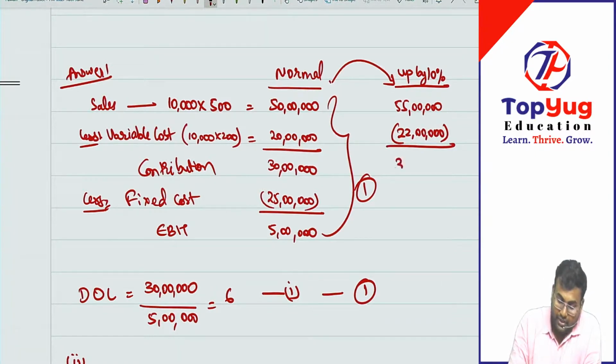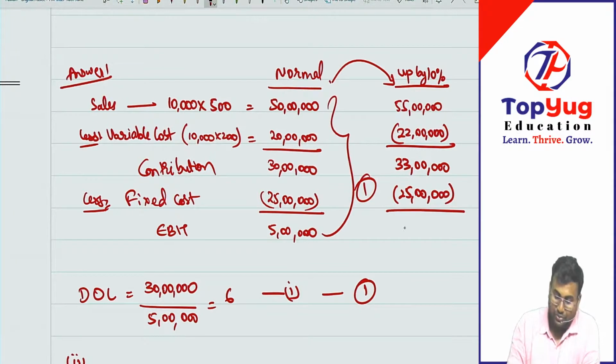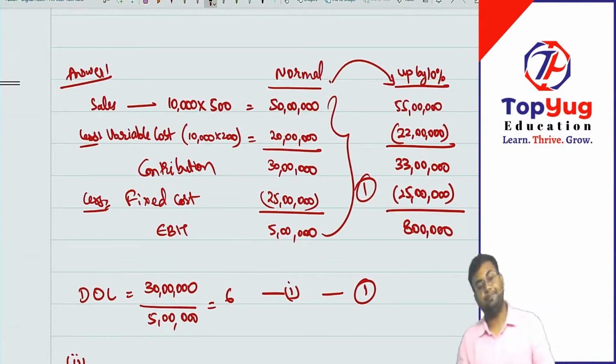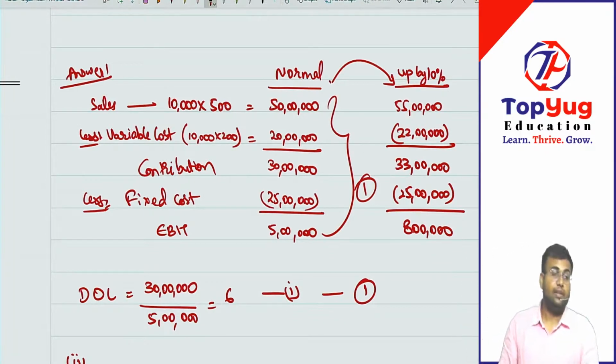So now this would be my 33 lakhs. Fixed cost will remain fixed. That is why we call it fixed. So how much do we have as new EBIT? Yes, how much do you have as a new EBIT, sir? Tell me. How much is it? 8 lakhs.